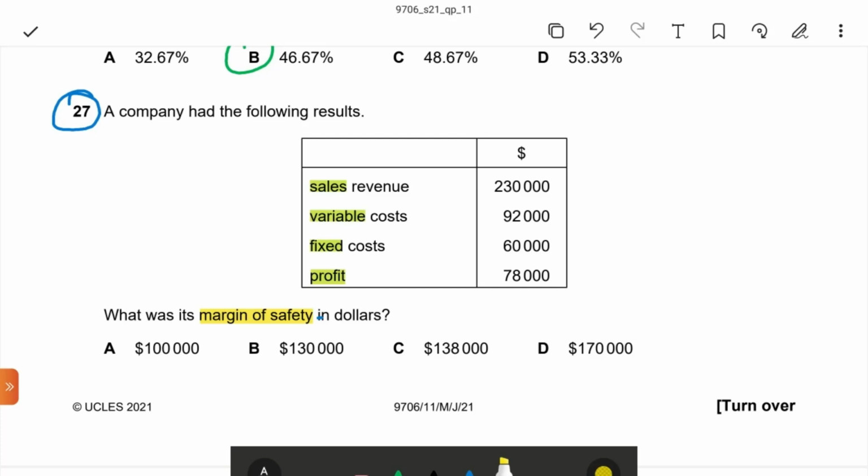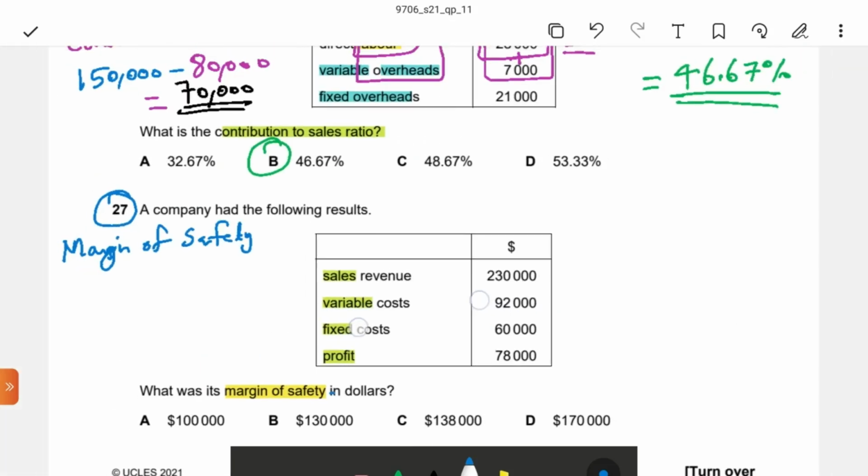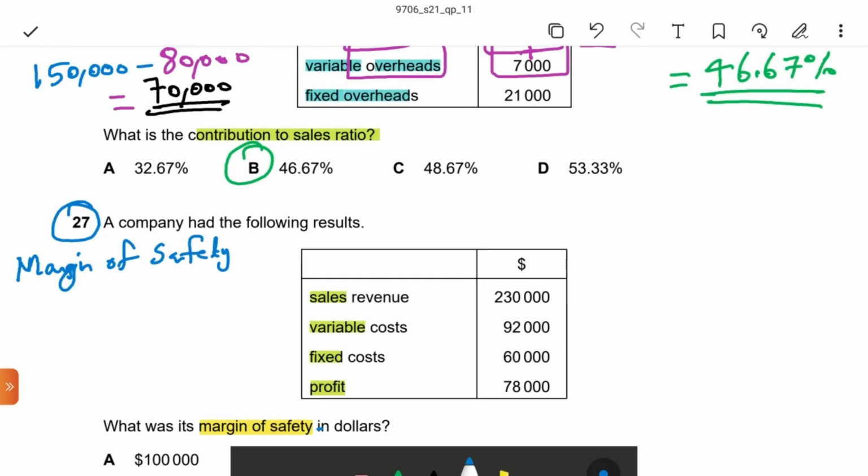So, margin of safety is equal to actual sales minus break-even sales.